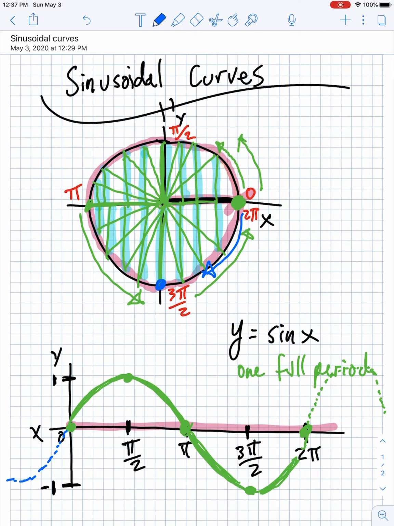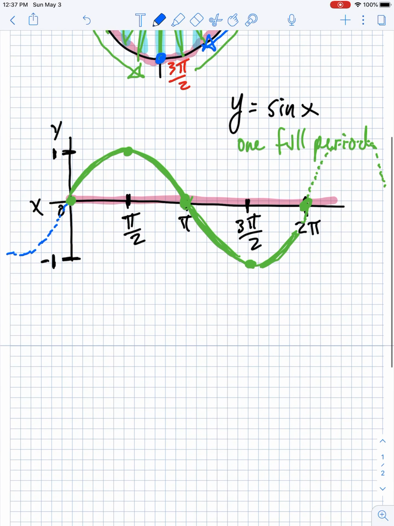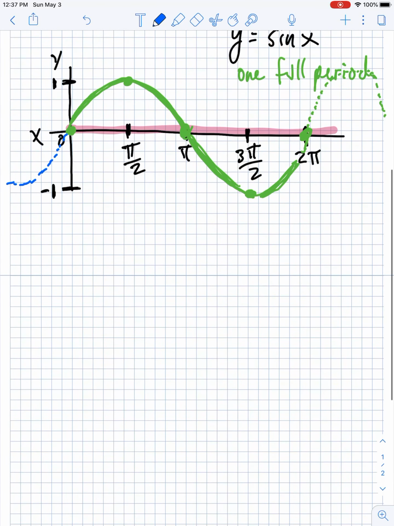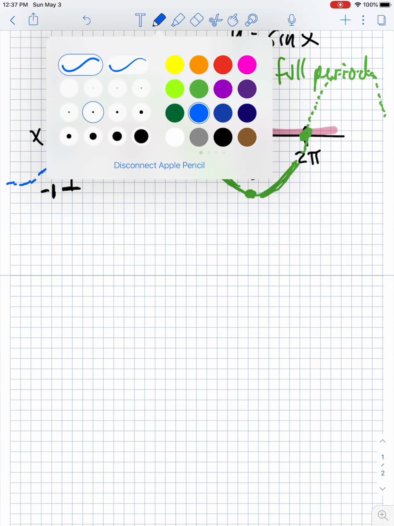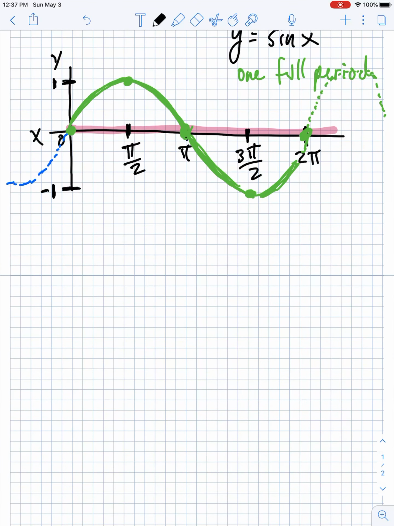Now, before we do anything with those curves, let's just focus on sine at first. So this is the parent function of sine. It's got a range of only +1 to -1, and it never gets outside of that unless you transform it. So let's do a little example here.